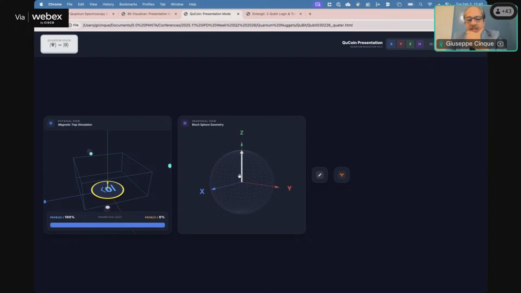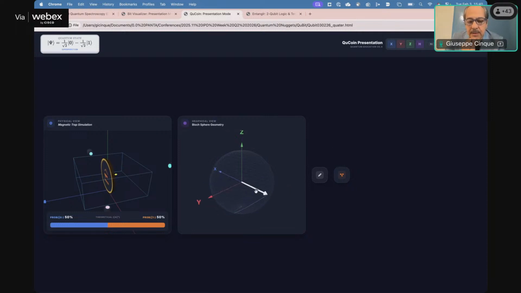So what is important? The qubit is a system, as I said, that can be in a base state, like the 0 state or the 1 state. In this case, the North Pole represents the 0 state, the South Pole represents the 1 state, or it could be in an intermediate position, a superposition of 1 and 0.